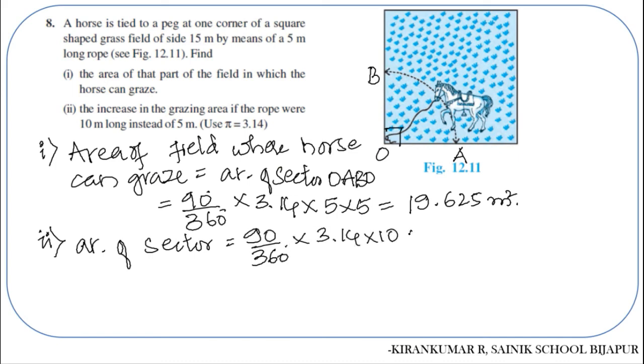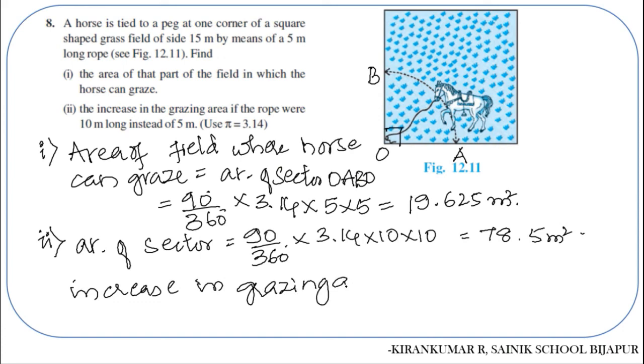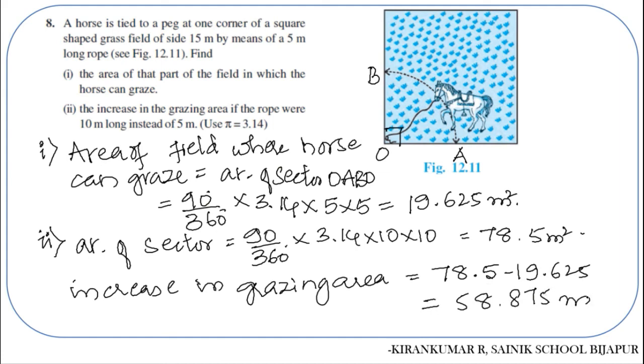Now instead of 5 we'll take 10. This becomes 78.5 meter square. Therefore, increase in grazing area will be equal to 78.5 minus 19.625. The difference is going to be 58.875 meter square.